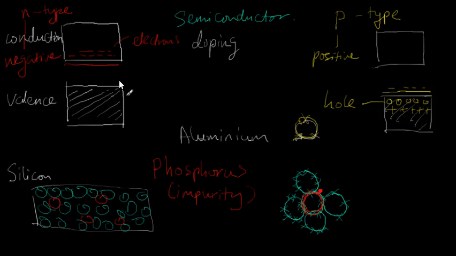Okay, and it is only the small energy gap between the two bands that would allow some electrons to be excited from the valence to the conduction band by thermal energy, maybe by silicon atoms colliding with each other because of the temperature.